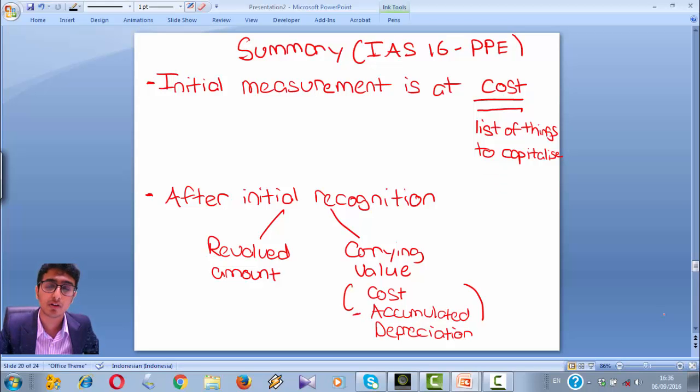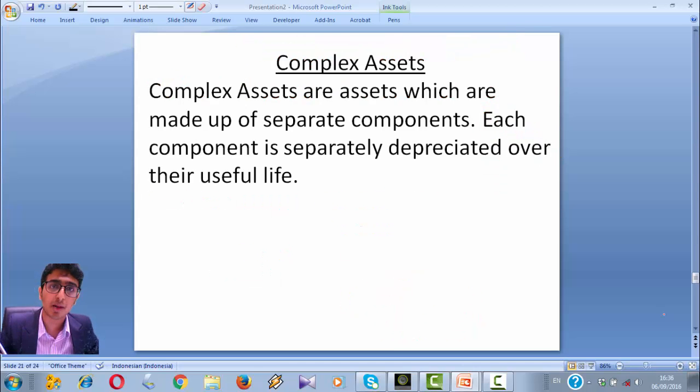Maybe some of you have never heard of this. This is what you call complex assets. Complex assets are assets which are made up of separate components. Each component is separately depreciated over their useful life.